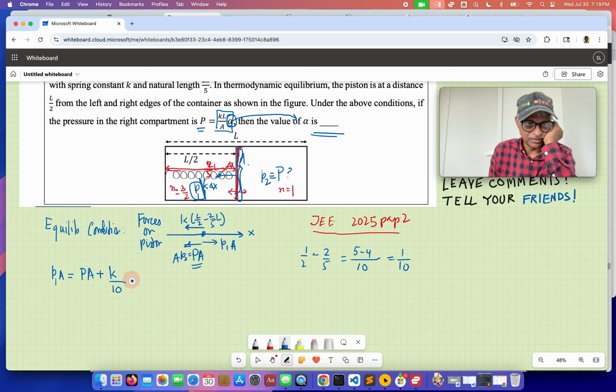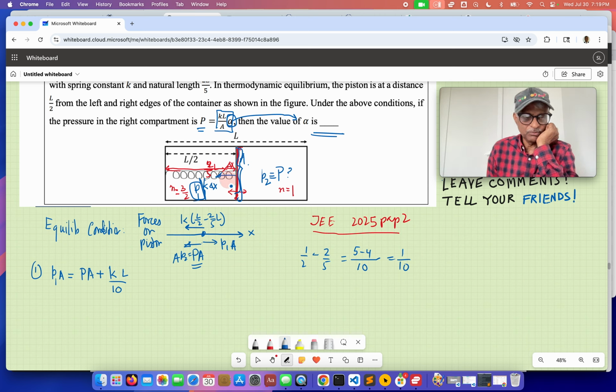K over 10 L. So this would be one equation.